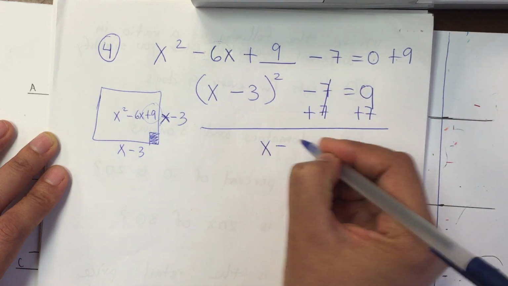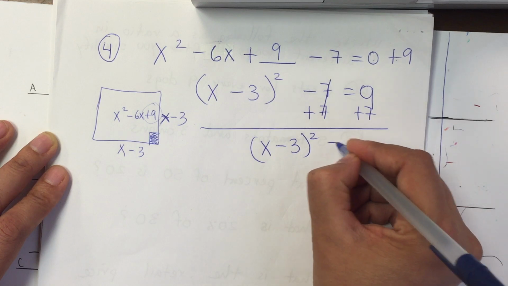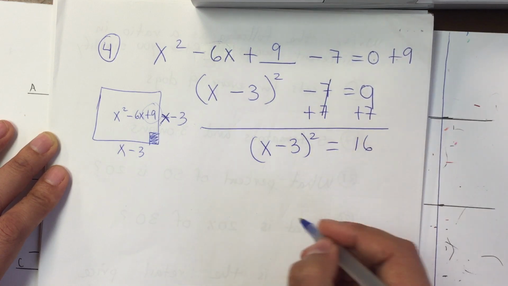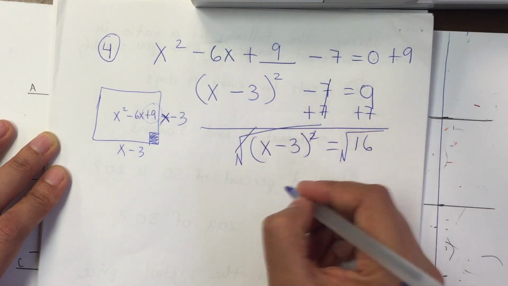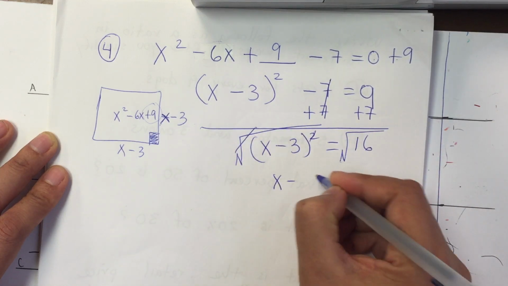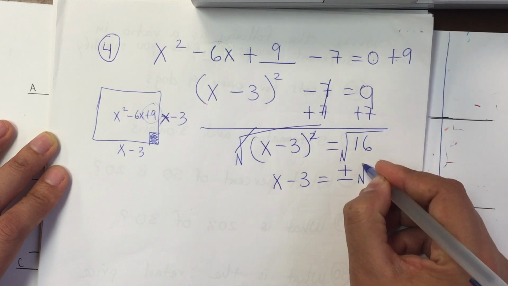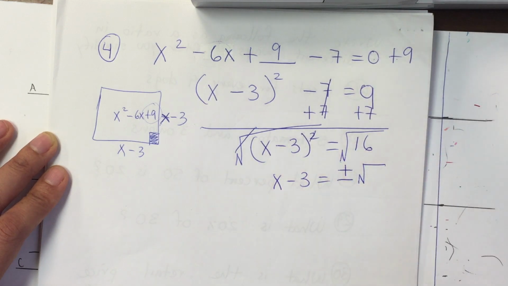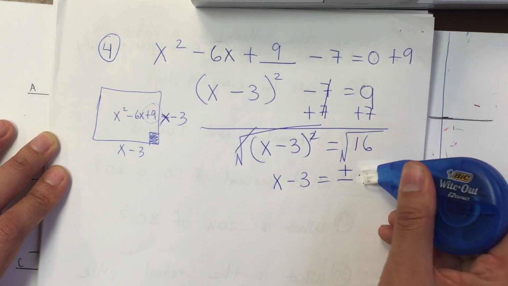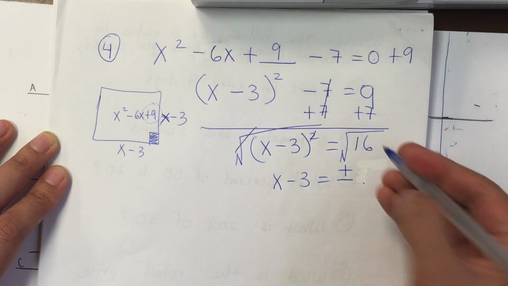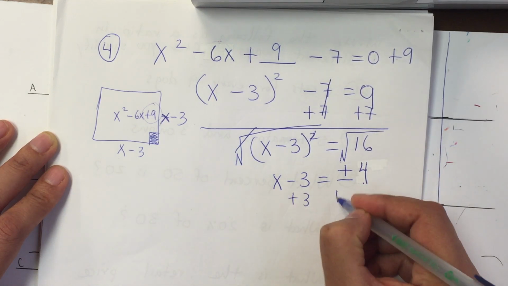And so x minus 3 to the second power equals 16. I take the square root of both sides. And so x minus 3 is going to be equal to plus or minus the square root of 16, which is 4. I add 3.